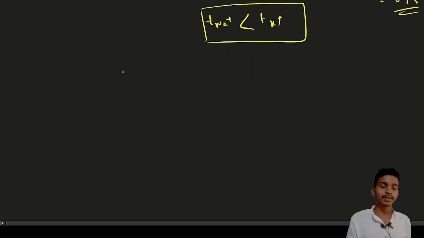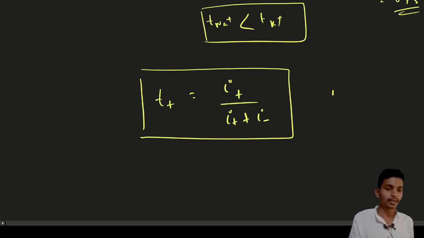So the transport number of cations is the current carried by cations upon the current carried by cations plus the current carried by anions. Similarly, the transport number of anions is the current carried by anions upon the current carried by cations plus the current carried by anions.